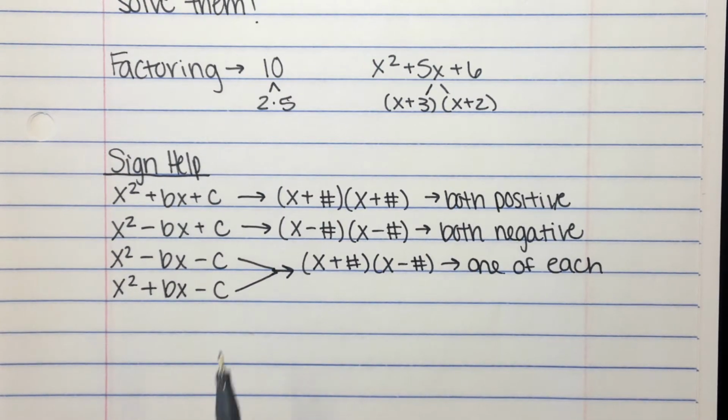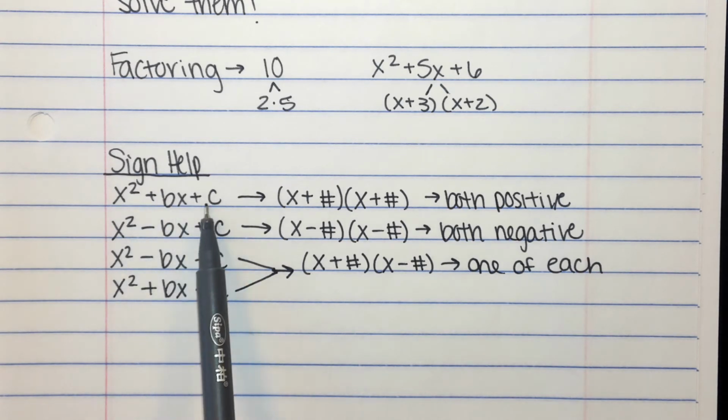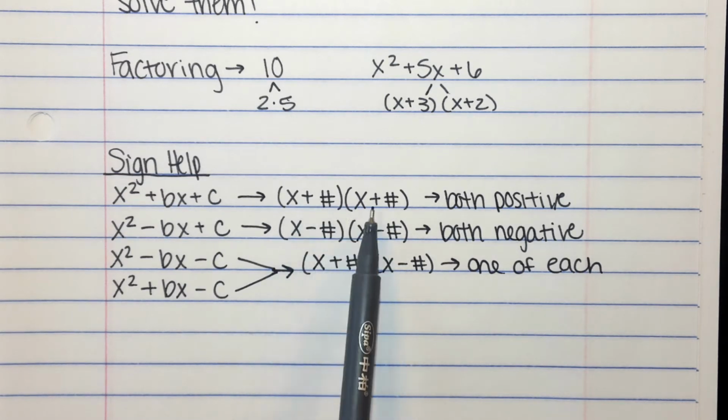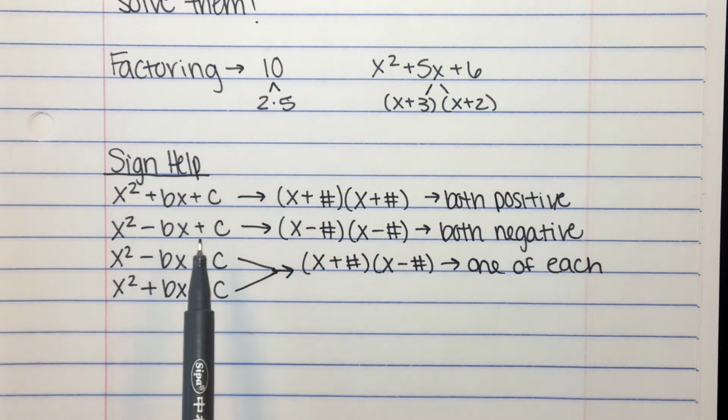Okay, now before we actually start factoring, here's some notes to help you with the signs. Now, don't get hung up on this. This is not where you need to start every problem. And you might not even need to look at this, but if you ever get stuck and you're having trouble with the signs of your factors and you don't know if they should be positive or negative or both, this can help you. If you have a positive b and a positive c, then both of your factors are going to be positive because a positive times a positive is positive, and if you add them together, you also get a positive.